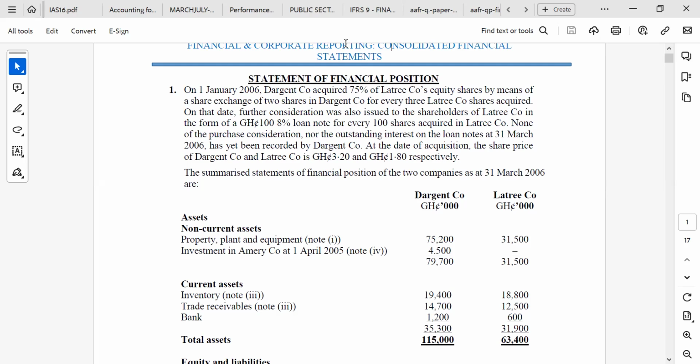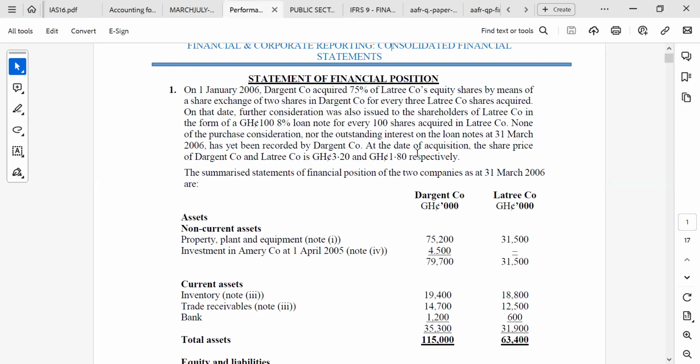So let's see the name of the company. The listing will be Tangent Co. So that is the parent. You can just put Tangent Co group here.